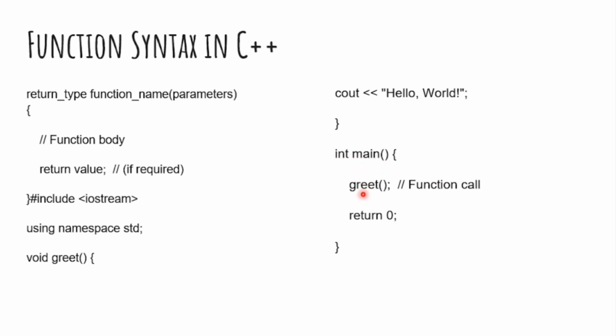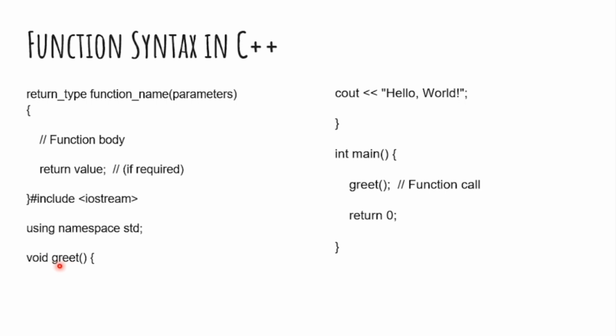Before that, we declare this part of code, the return data type and the function. This function has the type void, because we're not returning any data type, so that's why we use void.